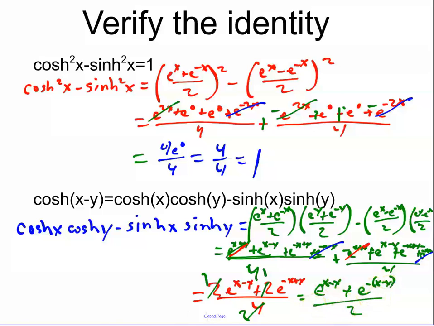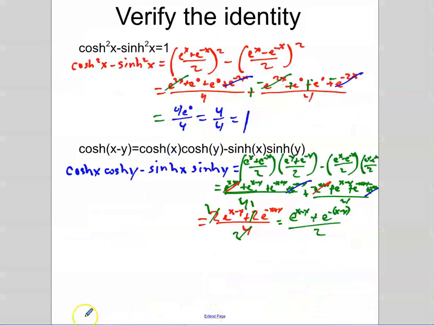And when we write it like that, we can see that it actually looks just like hyperbolic cosine, except that instead of it just being an x or just being a y, it's x minus y. It's e to the x minus y plus e to the negative of x minus y, all over 2. That is equal to hyperbolic cosine of x minus y, which is what I was trying to show that it equaled.